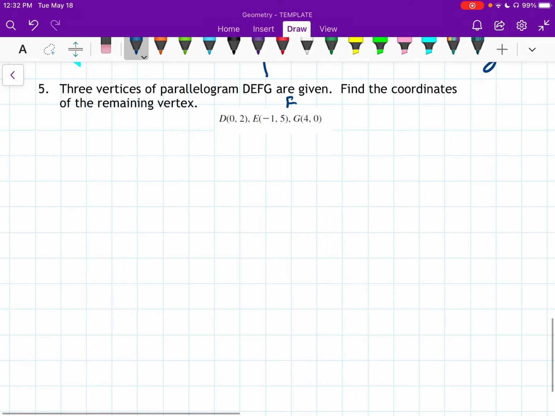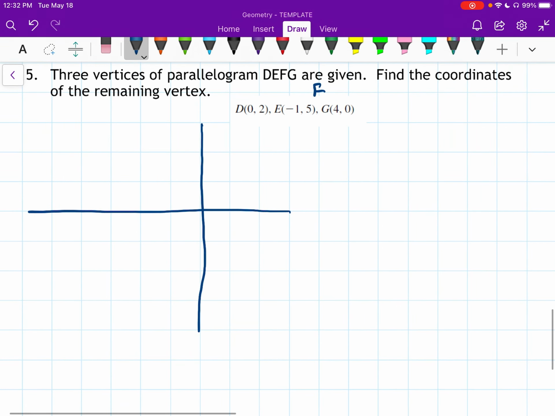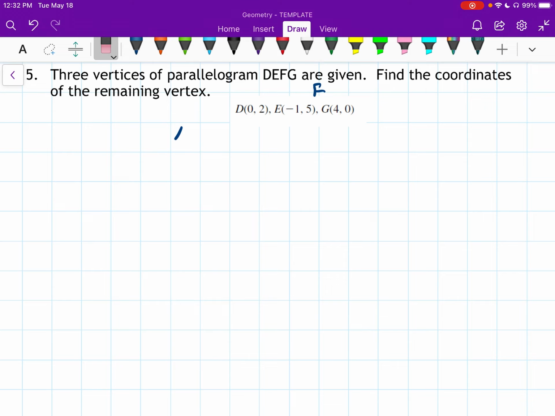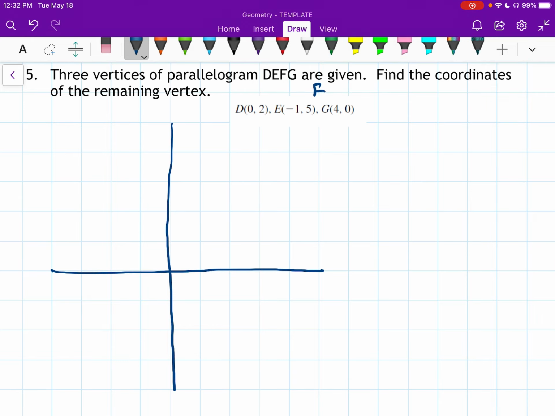So let's draw a little coordinate plane. So D is at 0, 2. That's right here. This is D. E is at negative 1, 5. Okay, I'm going to erase this and redraw this. Okay, D is at 0, 2 right here.